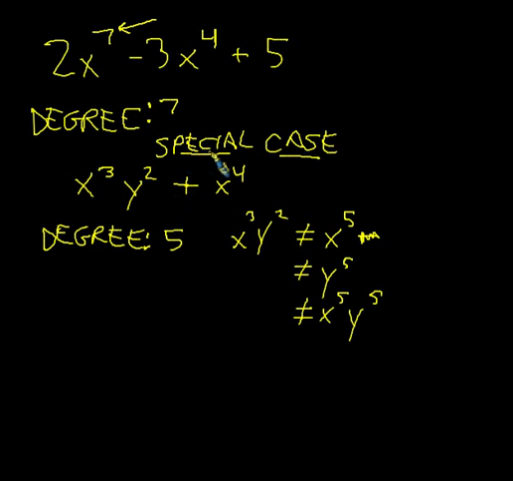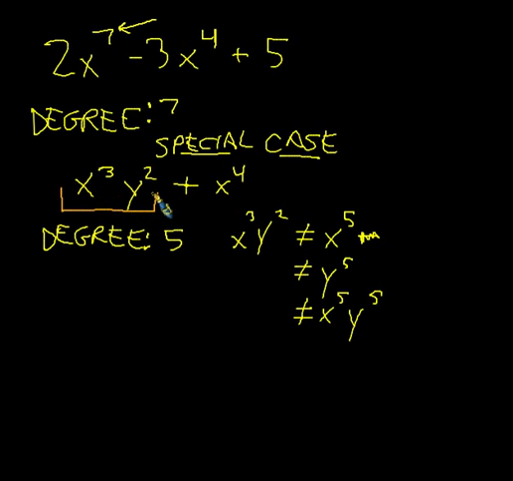But again, as a special case, when we're trying to evaluate the degree of a polynomial, if I have 2 or 3 variables multiplied together, I have to add their exponents. And by the way, let me be clear, if I have 2 or 3 variables multiplied together, they are considered one term.